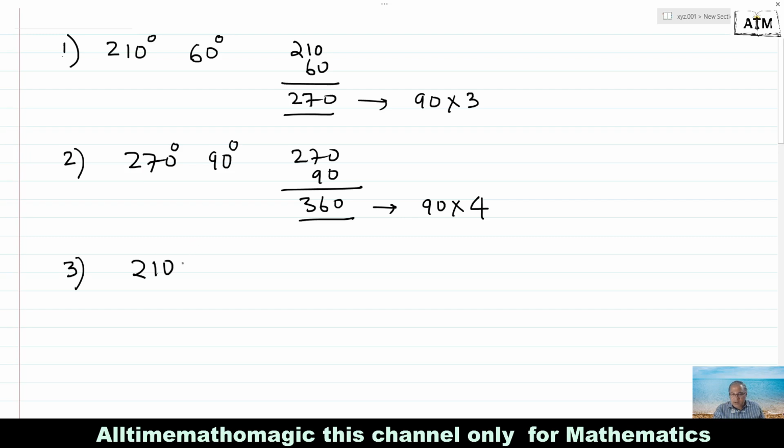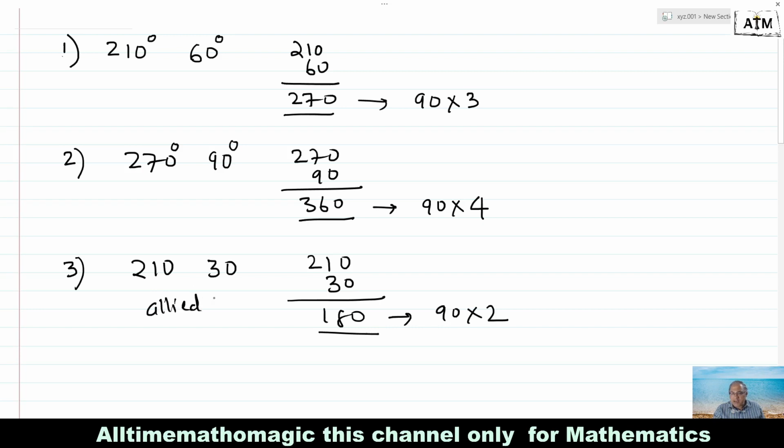Similarly, 210 and 30. 210 minus 30 equals 180. 180 is nothing but a multiple of 90. Therefore, 210 and 30 are allied angles.